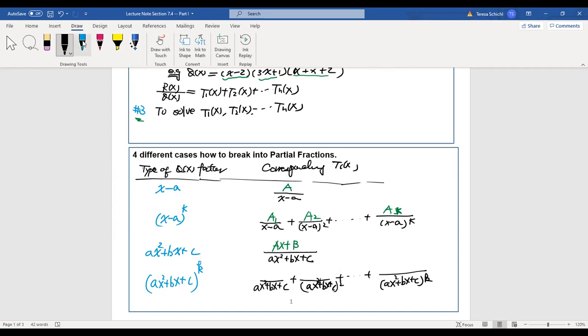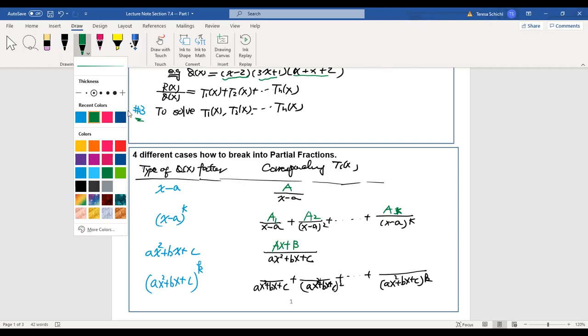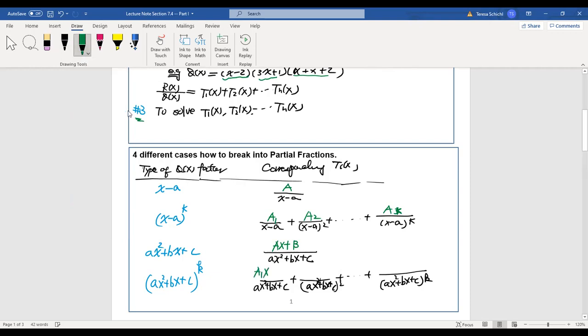And then your top will be a1x plus b1, then a2x plus b2, up to akx plus bk, still 1 degree less.